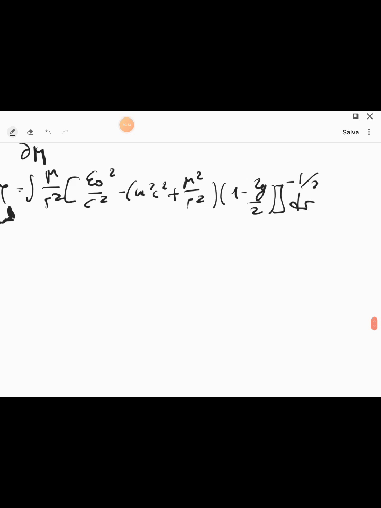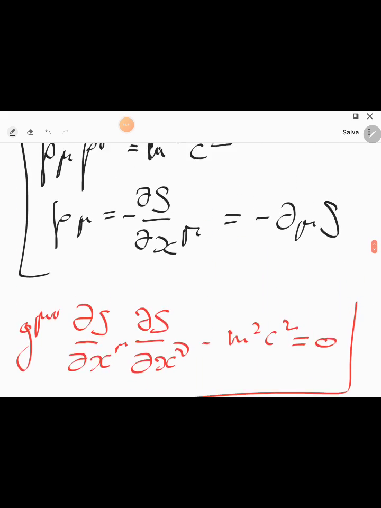Okay, now we found this path, this way of the particle. Phi is the path of this corp in Schwarzschild space-time.